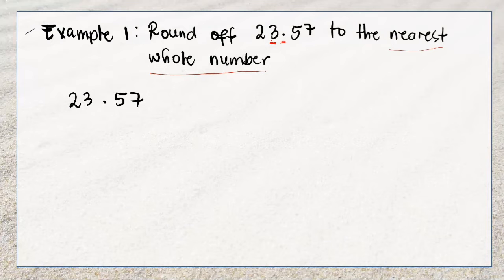Now let's identify the digit of the nearest whole number, which is 3. Then we identify the digit to its right. Yung digit na nasa right niya ay 5.